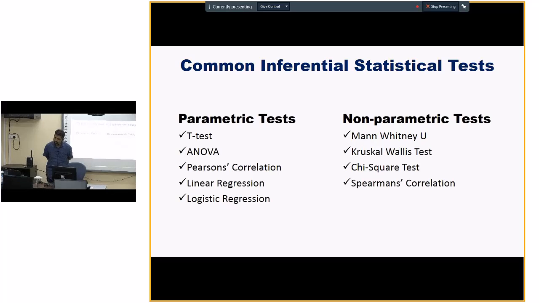Sorry, IFRS 7. Yes, financial instruments disclosures. Then what kind of statistical approaches do you plan to apply?